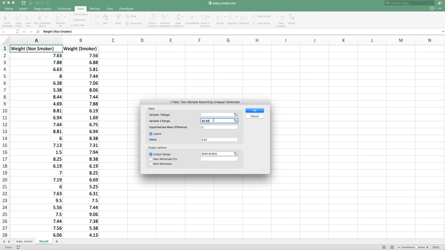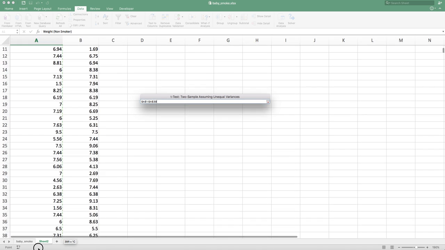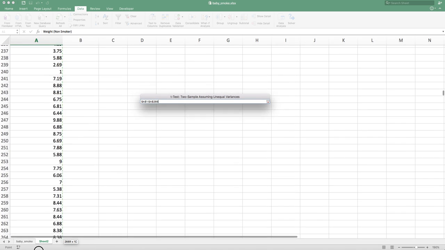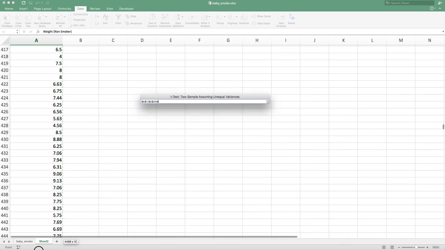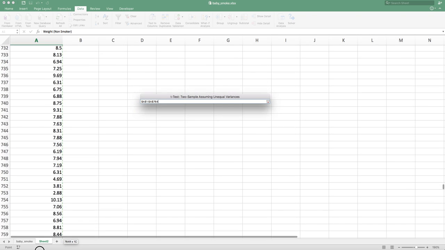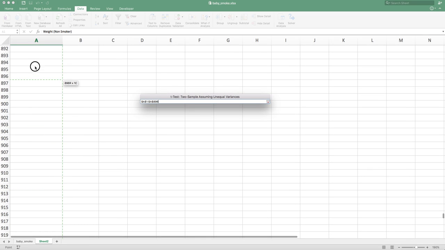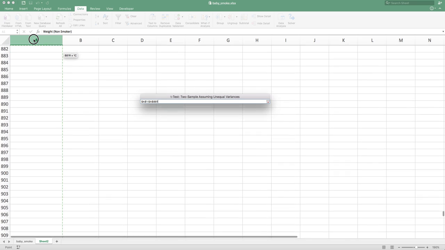So I'm going to take out whatever was in there before. Okay, so variable 1 range. Right, so that would be my non-smoking mothers. So I'm going to highlight, including the label, all the way down. And there's lots of them here. There's 800 some of them. So we highlight all the way to the bottom of that list.